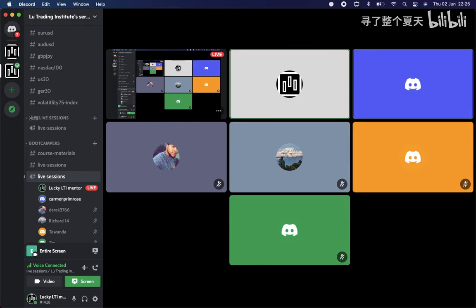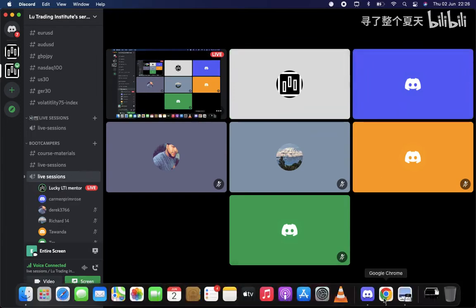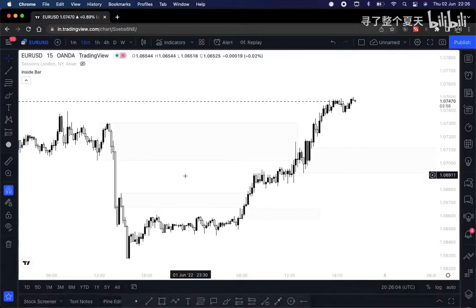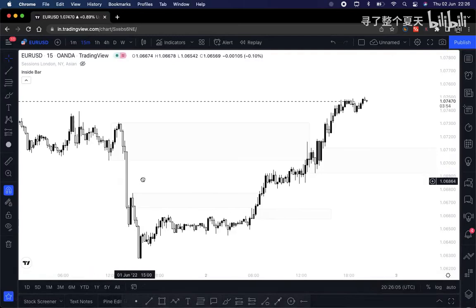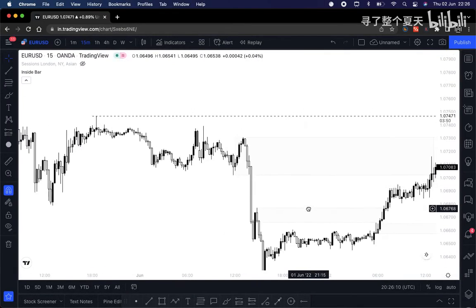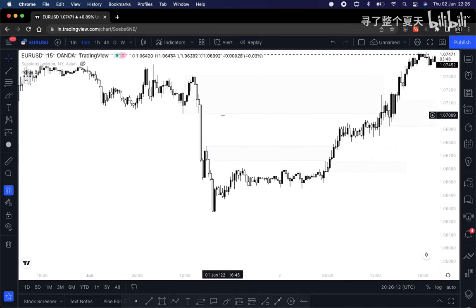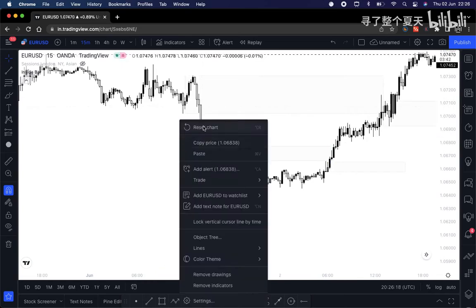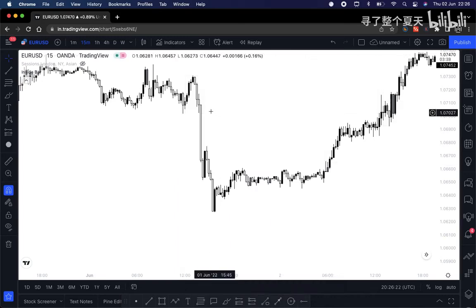Because there are times, I don't know if it makes sense, there are times whereby you'll find that the 4 hour time frame. Let's say I'm just giving you an example. Let me just remove all these drawings. Let's say for an example, you are on the 4 hour time frame. You see this huge bearish candle.